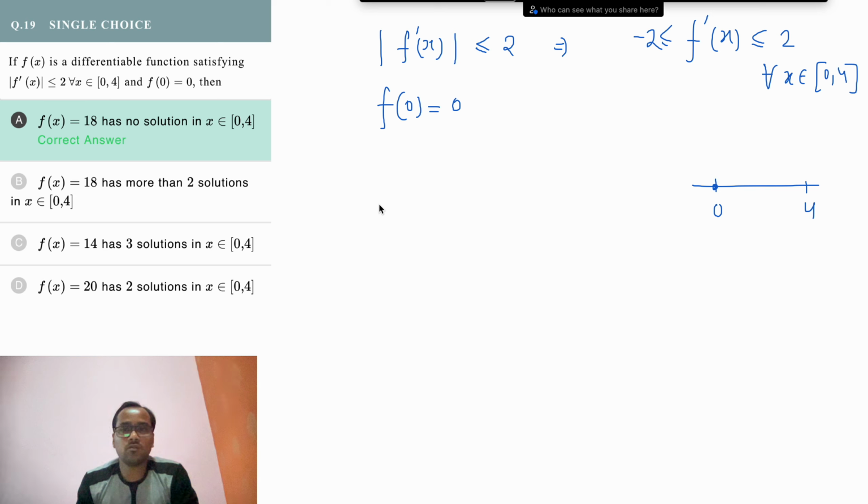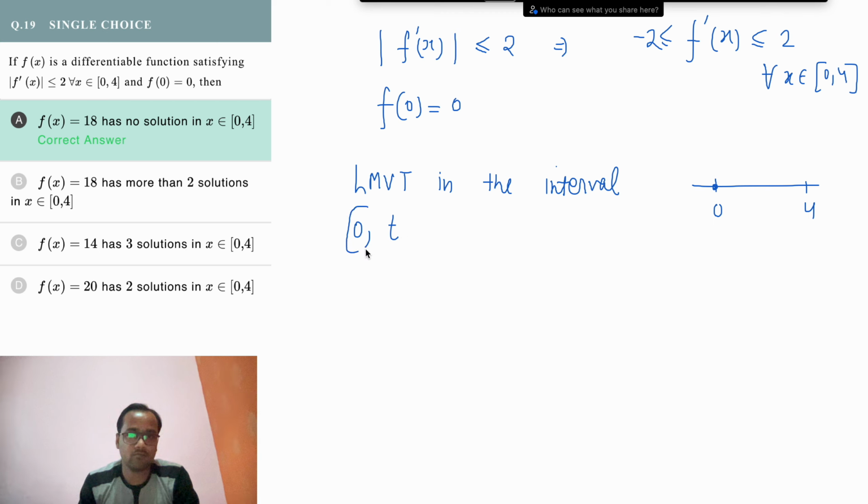So let me use Lagrange's mean value theorem, LMVT, in the interval, let's say 0 to t, where t is a number between 0 and 4.